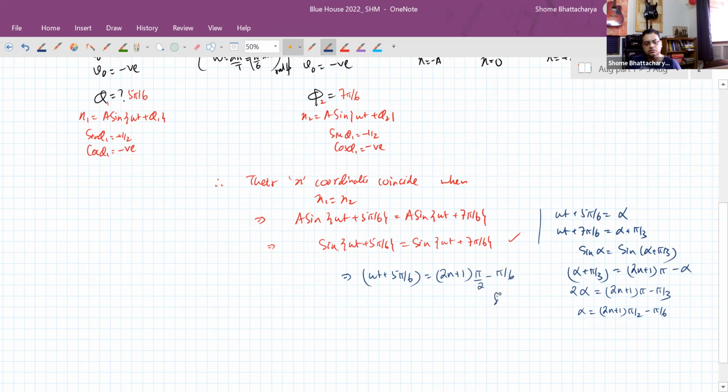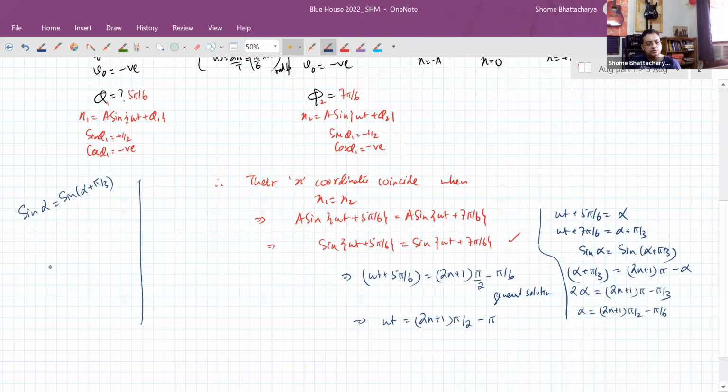This is the general solution. Okay, we are using this concept that if sine alpha is equal to sine of alpha plus pi by 3.